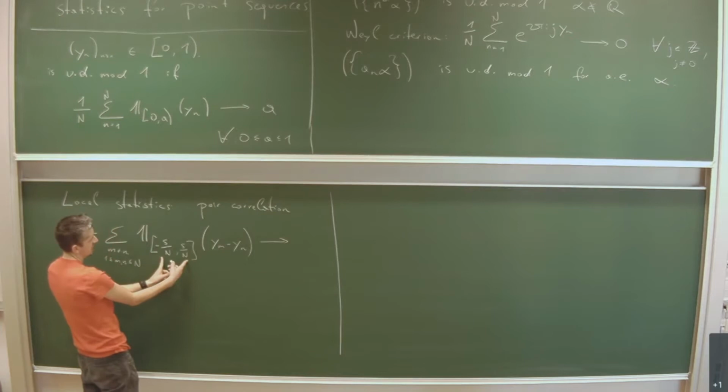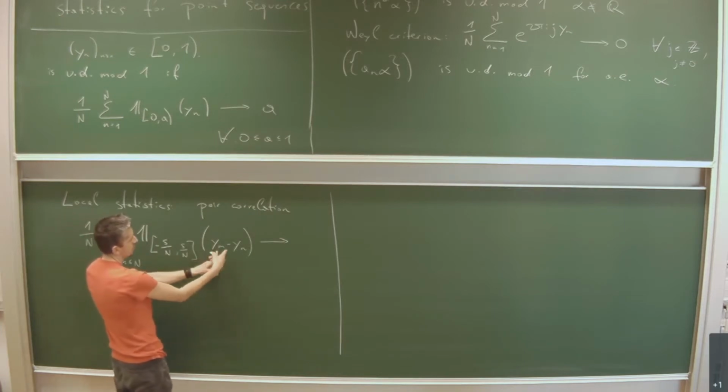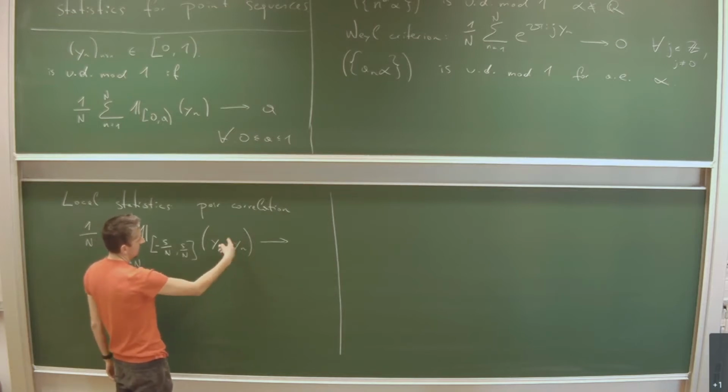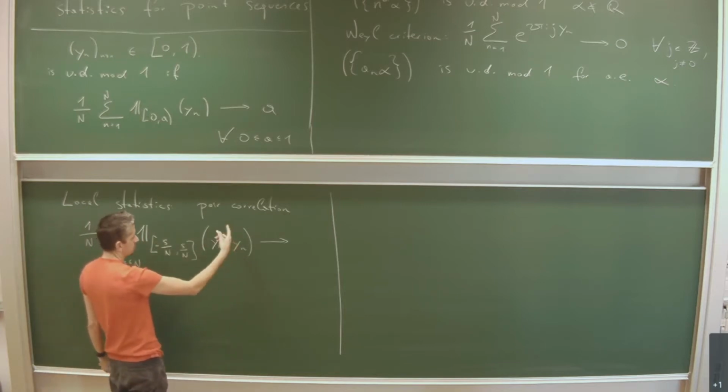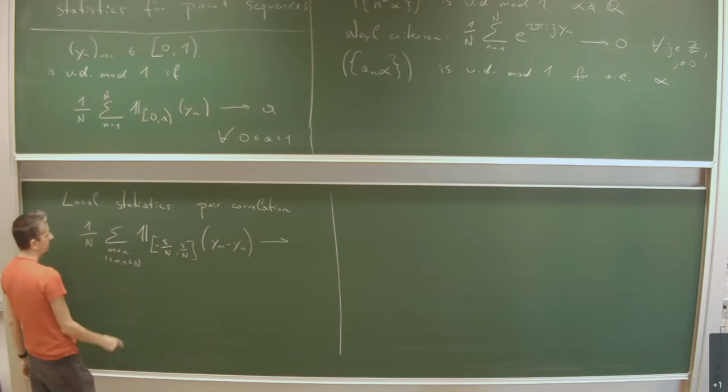The test window has length 2s over n. So this one you can choose. Then you have essentially n other choices for this. The length of the test window is 2s over n. So you might expect to see on average 2s other indices here, which are so close to this fixed point.